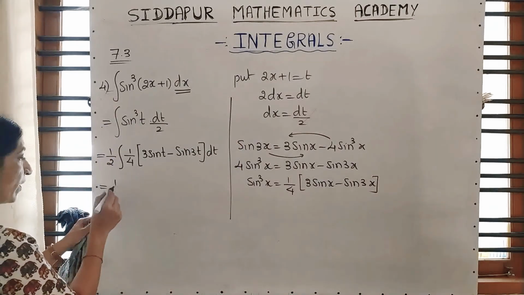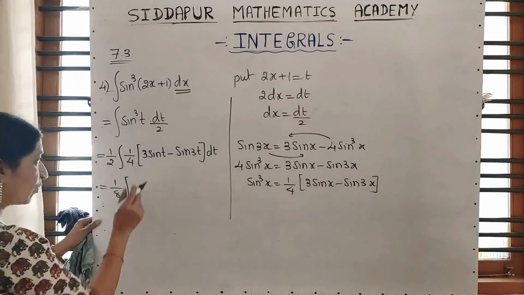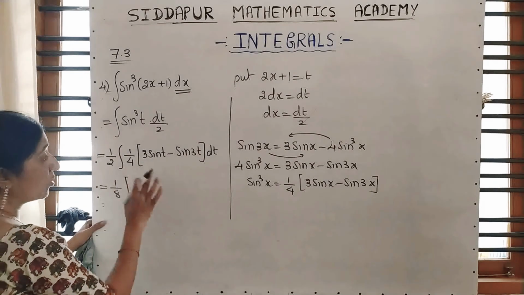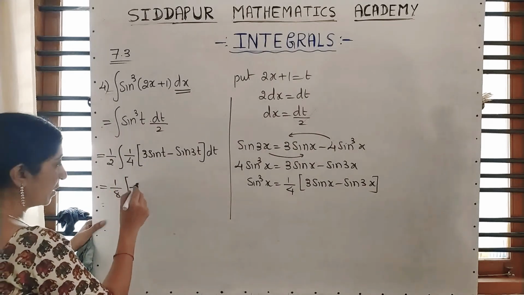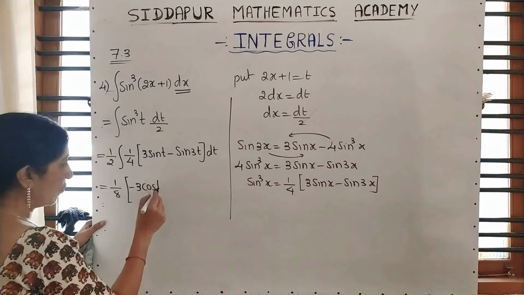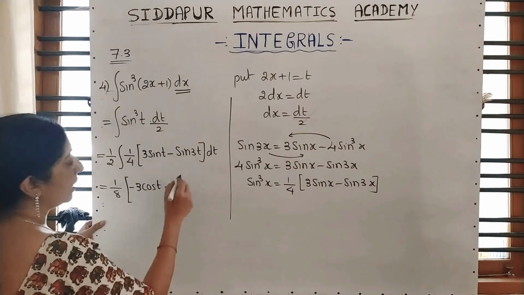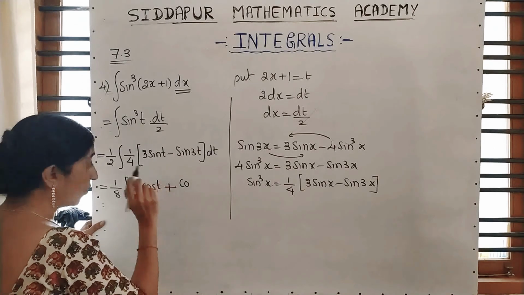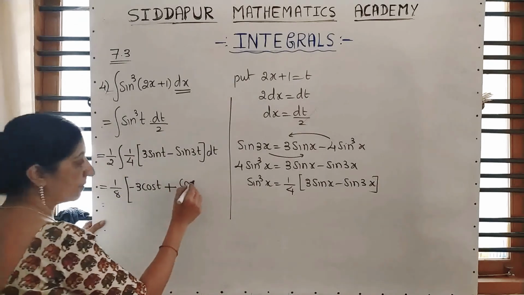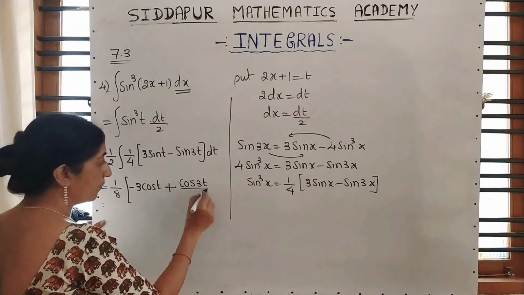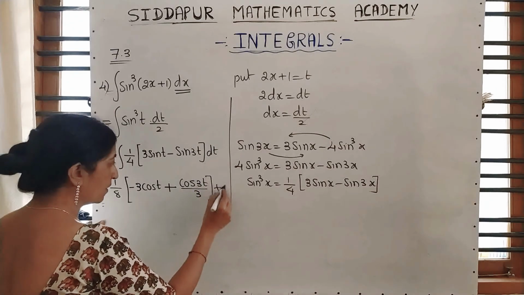So it is 1 by 8 in the bracket. Integration of sin t is minus cos t, that is minus 3 cos t. Minus into minus becomes plus. Integration of sin 3t is minus cos 3t divided by 3, already minus is there, so it becomes plus, plus c.